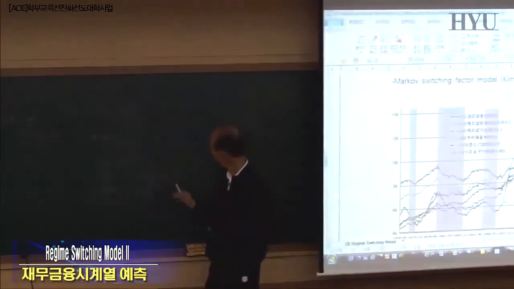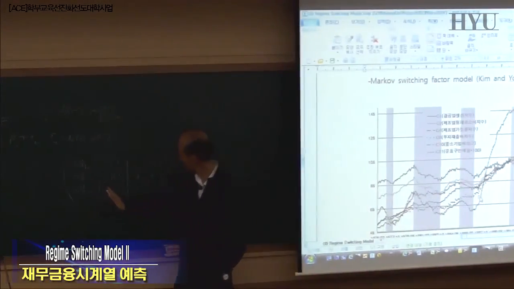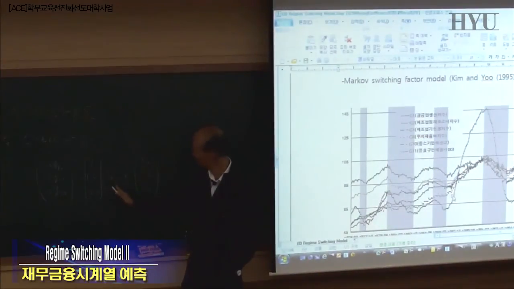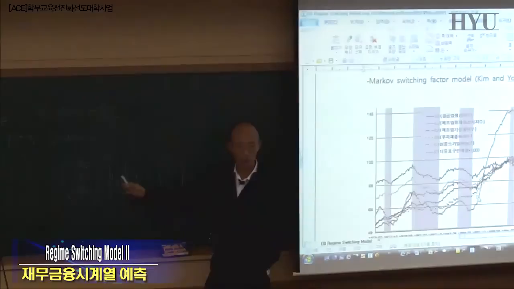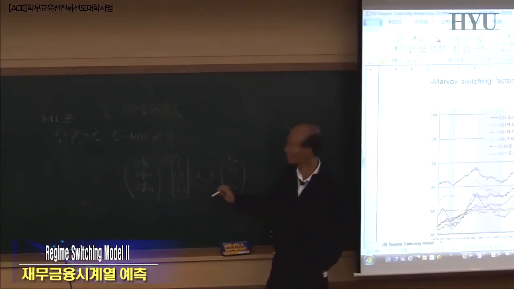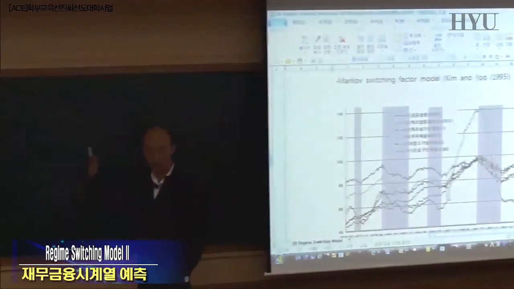This one relates the observed data and the state vector or state variable. So this is the measurement equation. So it's a sort of Kalman filter thing, right? Kalman filter, state space model.